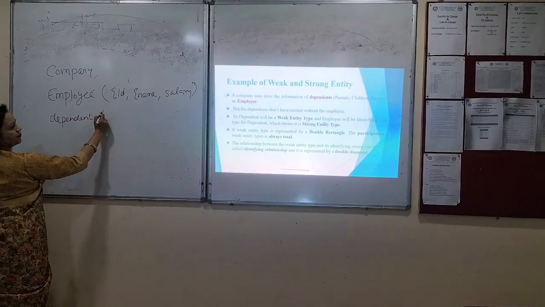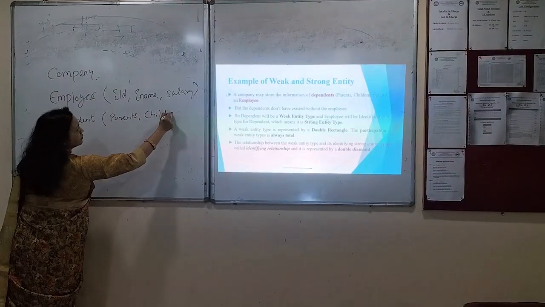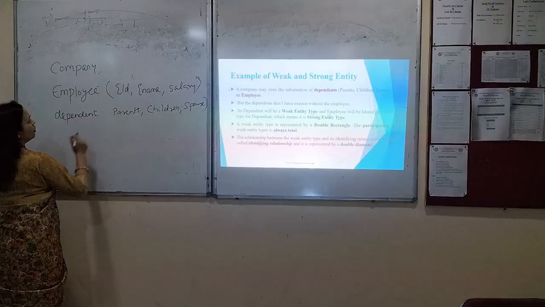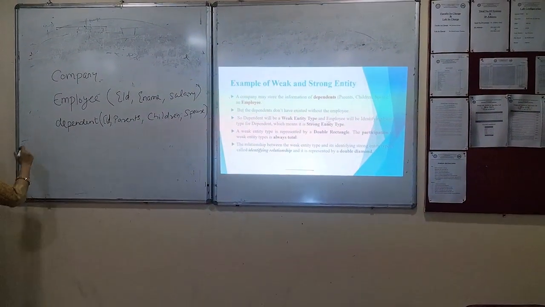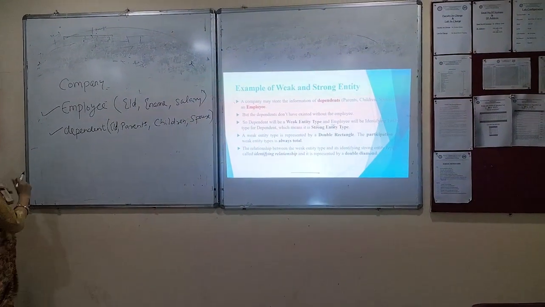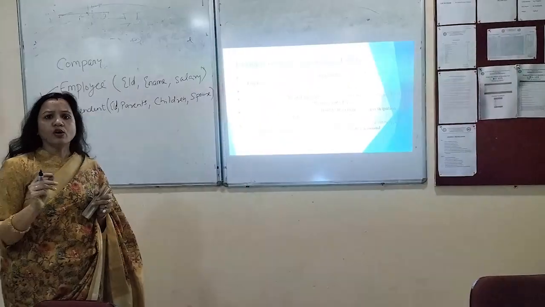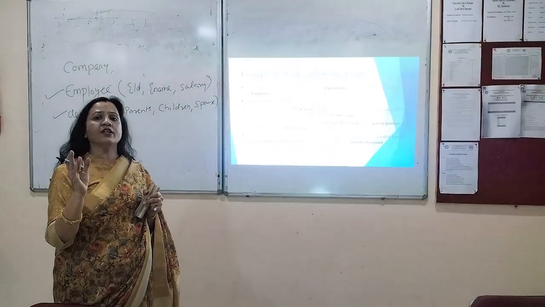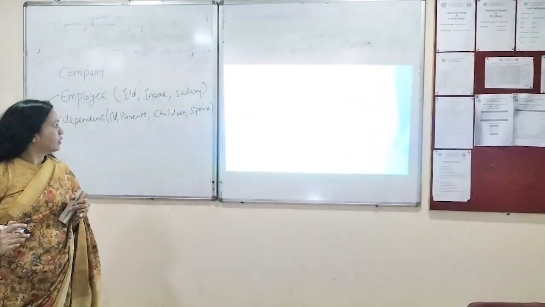In the dependent table, we have parents, children, spouse, etc. Also, we have an EID here, right? Now, this is the dependent entity and this is the strong entity. Since dependents are all related to the employee entity, right? So employee will be the strong entity, and since the dependent table is dependent on employee, it is a weak entity, right?